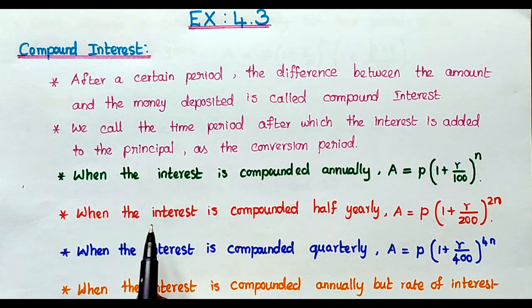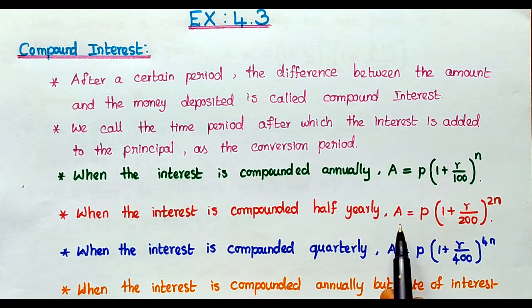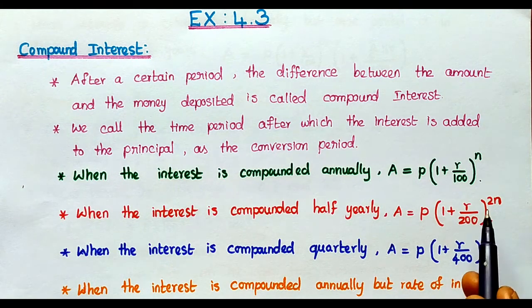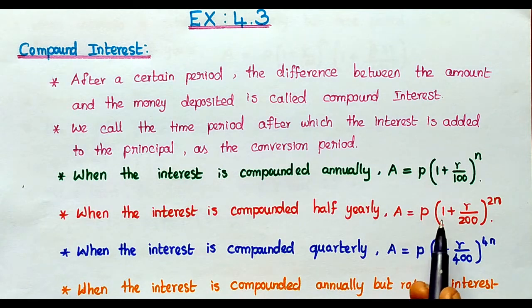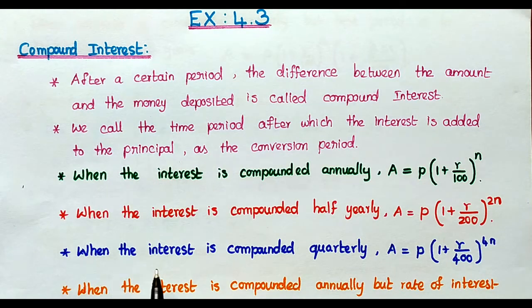When the interest is compounded half-yearly, A equals P into (1 plus R by 200) whole power 2n. When the interest is compounded quarterly, A equals P into (1 plus R by 400) whole to the power 4n.